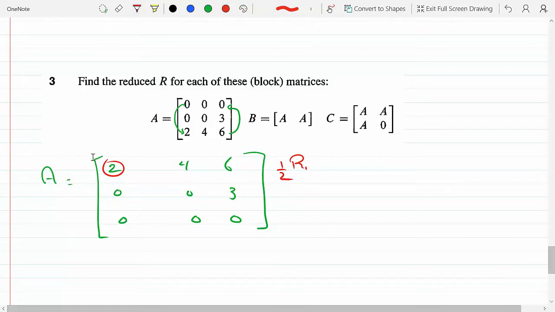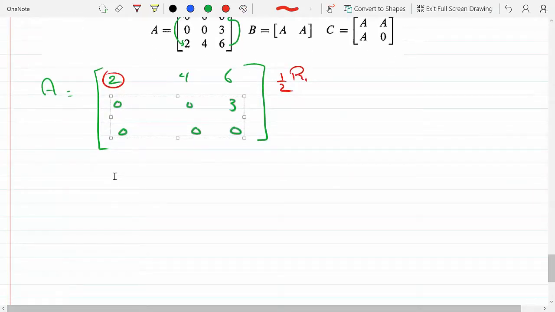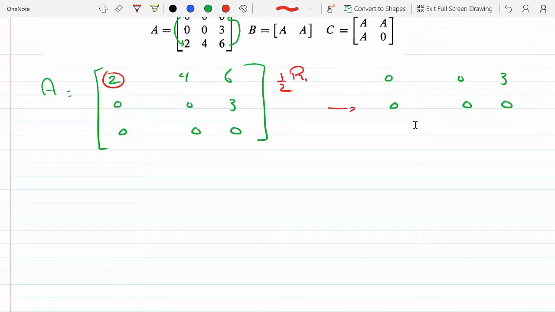Multiply row 1 by half. So let's copy and paste here so we don't have to rewrite. So this becomes row 1, so 1, 2, 3.